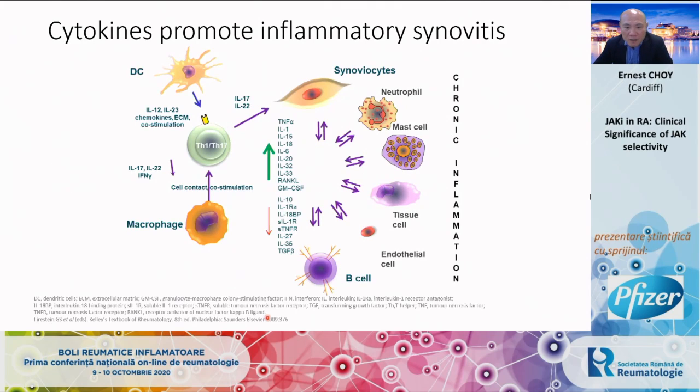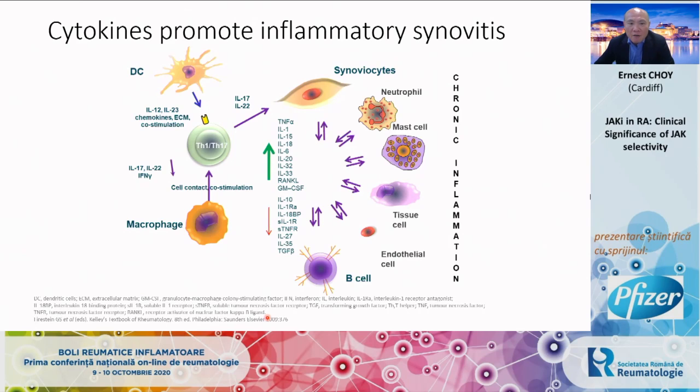So just starting from the beginning. We know that in many chronic inflammatory diseases, and that includes rheumatoid arthritis, the disease process is driven by cytokines, which are important messengers allowing immune cells to communicate with one another, and also allow immune cells to communicate with the local tissue, which generates the disease features and phenotypes.